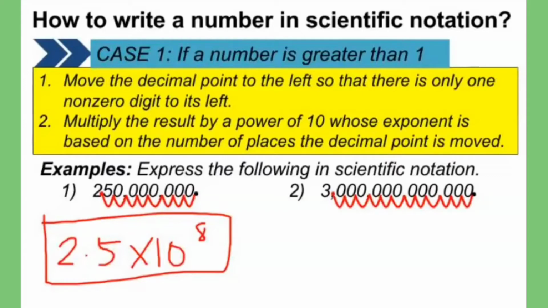At hanggang dyan na lang natin dapat i-move ang ating decimal point kasi meron na lang isang non-zero digit to the left side of our decimal point. And that is the digit 3.